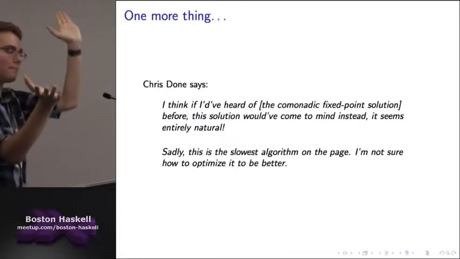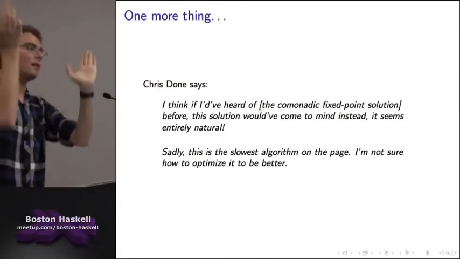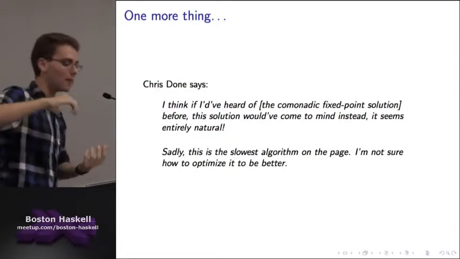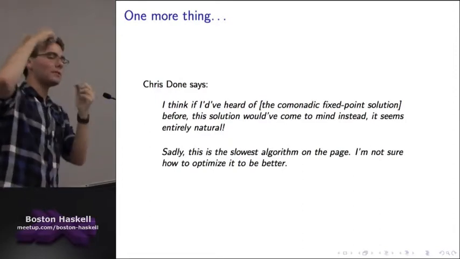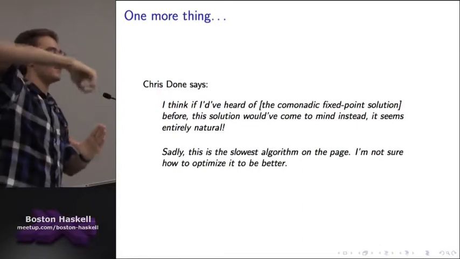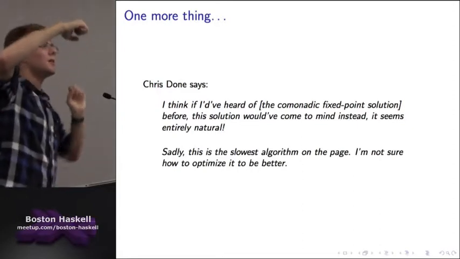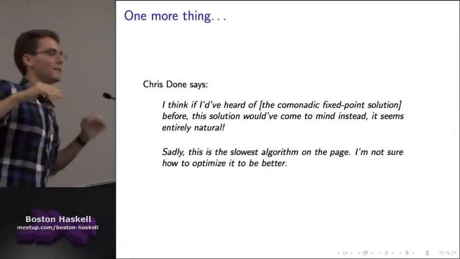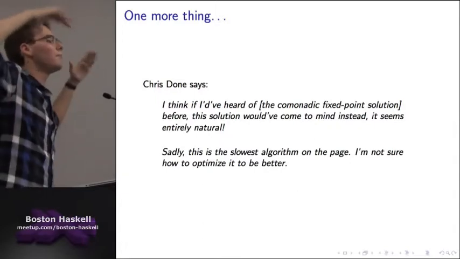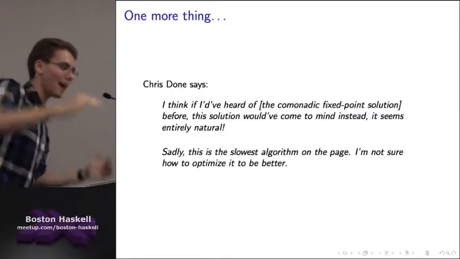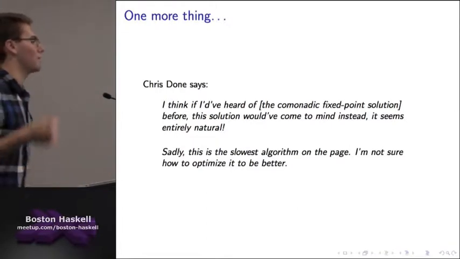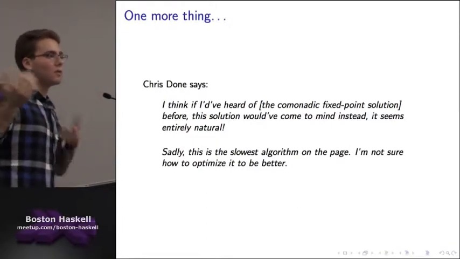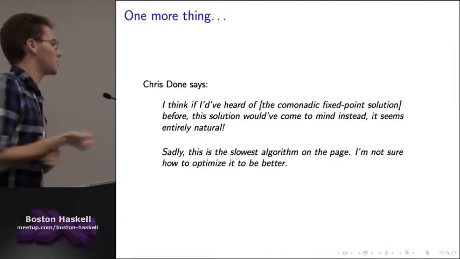And then you zip those two together with minimum, and what you get is a list where each element is the minimum of the maximum to its left and the maximum to its right. That is to say, the height of the minimum peak that the water level must be bounded by. And that allows you to solve it in this efficient way, but it requires these two different directions of scan.